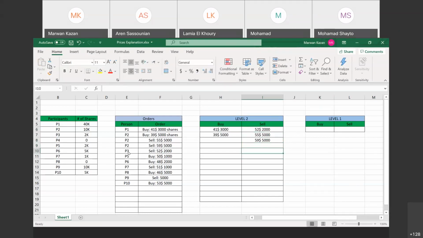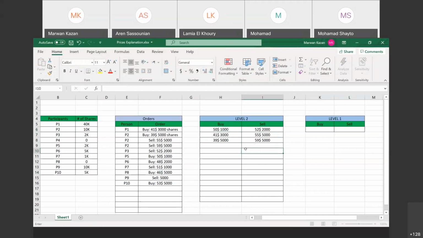Now person 4, maybe he's not participating, but that doesn't mean it's because he doesn't have anything. He can buy, he can short. Person 5 wants to buy at $50. Again, 50 is higher than these two, so this comes down, and it's $50 and 1,000 shares.